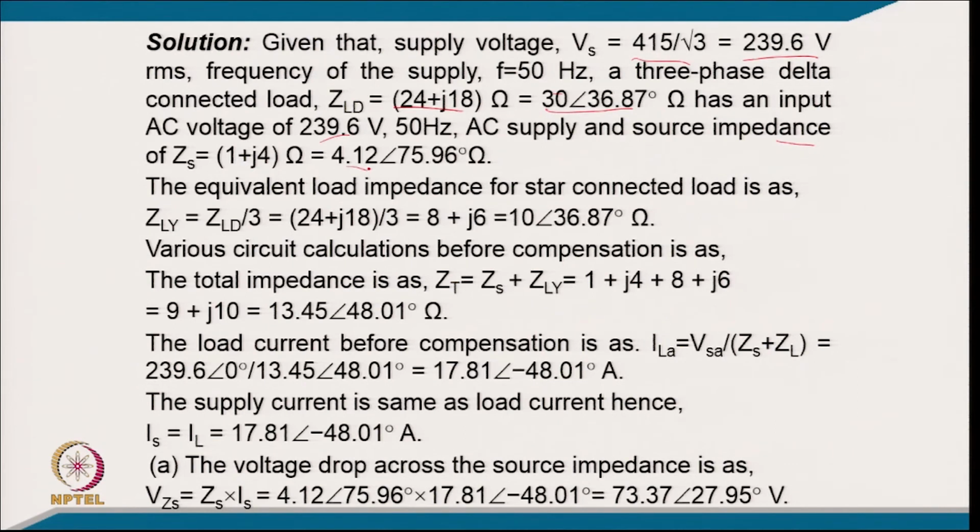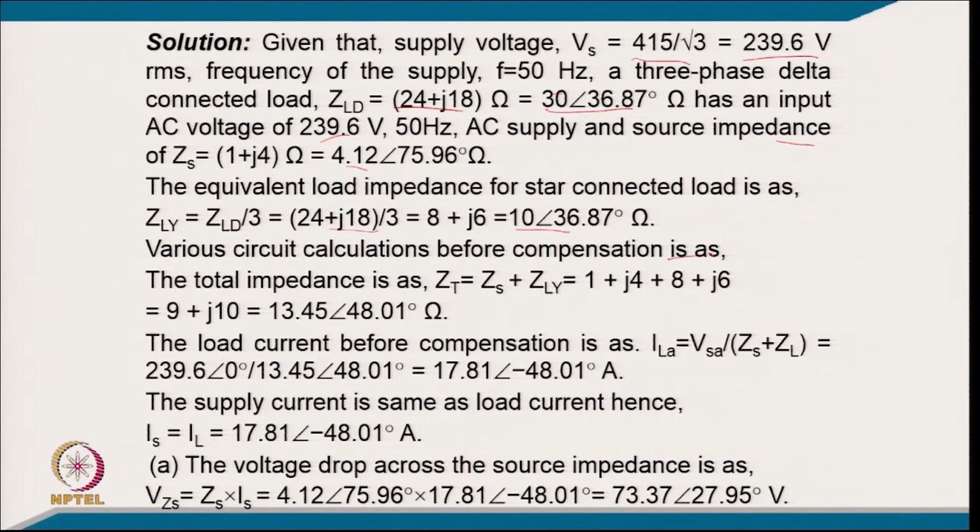It comes to 4.12 ohm at the angle of 75.96 degree, and the equivalent star impedance is typically ZLY equal to ZL by 3. So, dividing by 3 it comes to 10 ohm at the angle of 36.87 degree.